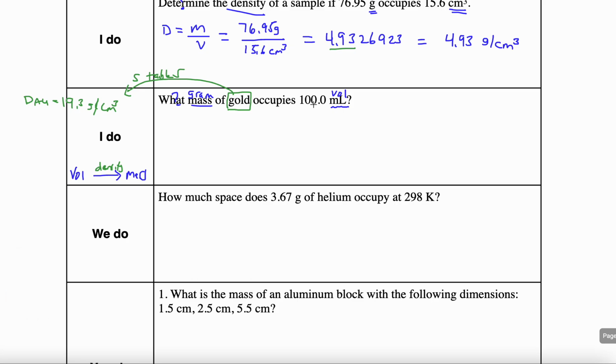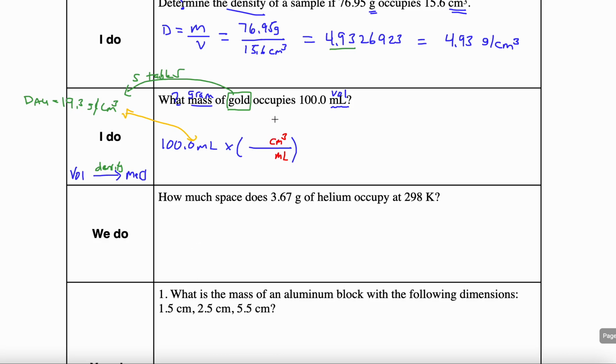I'm going to start my math with the value I'm given. So I have 100.0 milliliters. Now, when I take a look at the density value, I don't see milliliters in that density value. But I know that there is a relationship between milliliters and centimeters cubed, so I can go from milliliters to centimeters cubed and reduce those out.